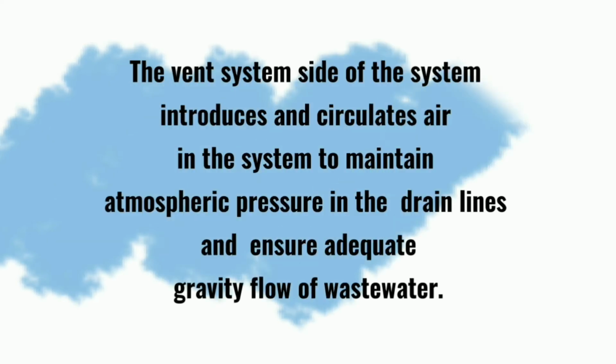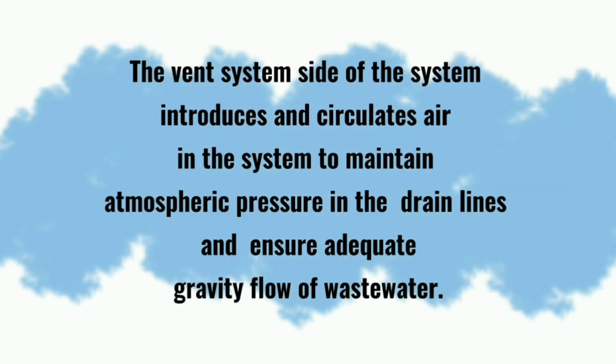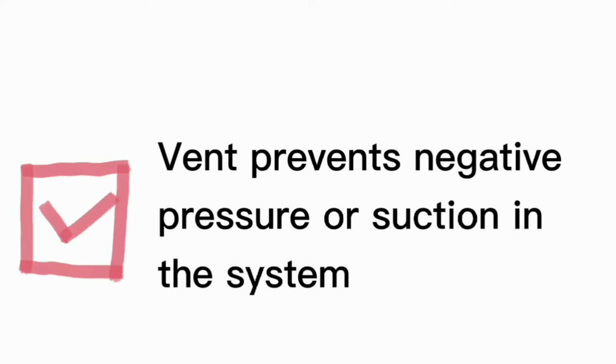The vent system side of the system introduces and circulates air in the system to maintain atmospheric pressure in the drain lines and ensure adequate gravity flow of wastewater. Ang vent natin, ito yung nag-prevent ng negative pressure or suction sa ating system.